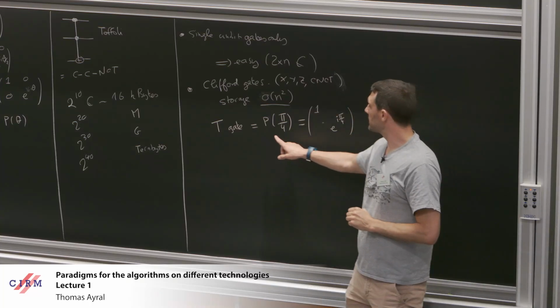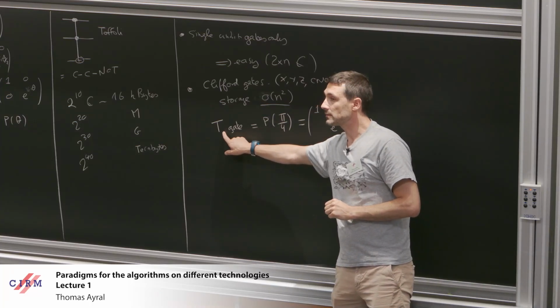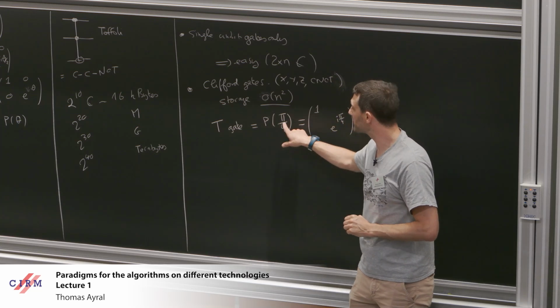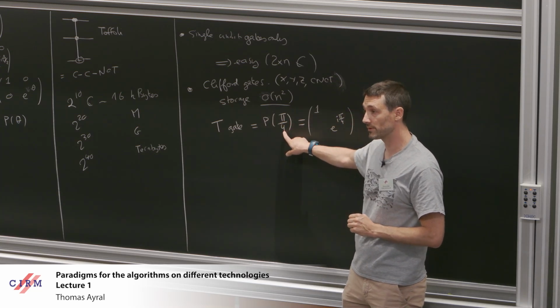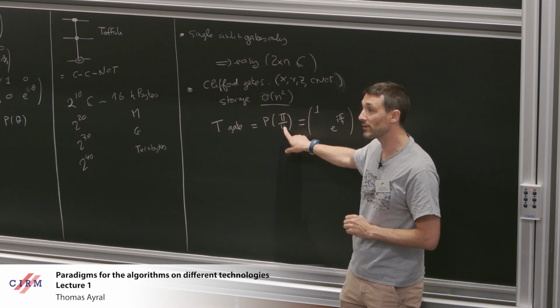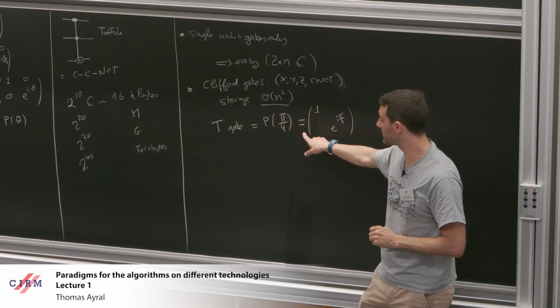So the T gate is essentially a z rotation of angle quarter pi. So it's not a multiple of pi half.